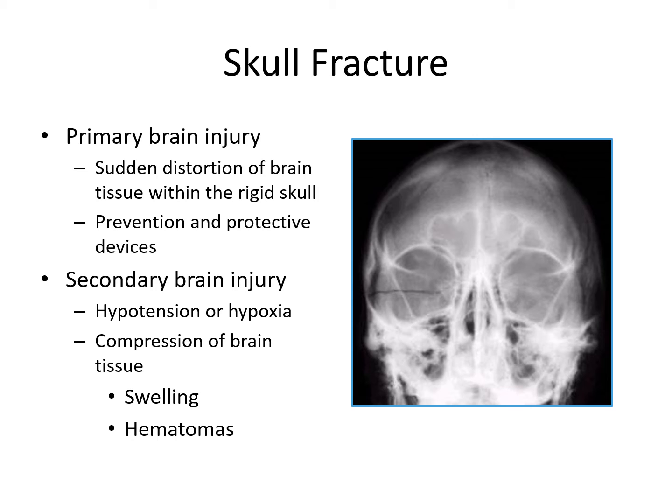But there is secondary injury. And when we talk about secondary brain injury, we're talking about the low blood pressure, the hypotension, and resulting hypoxia to the brain tissue. We're talking about the swelling that occurs within the brain, compressing the brain tissue. And we're also referring to those hematomas that can develop as a result of traumatic injury.